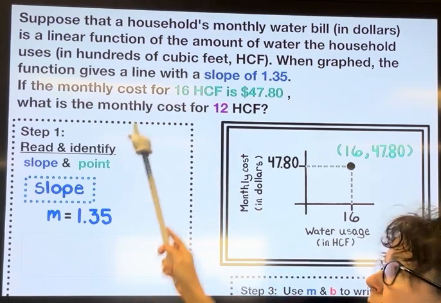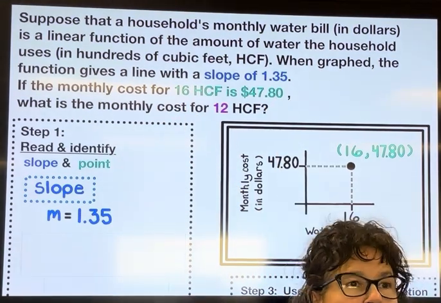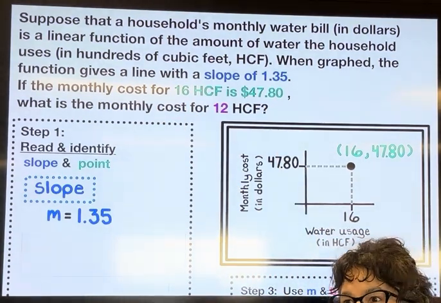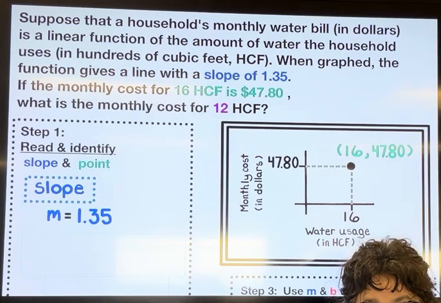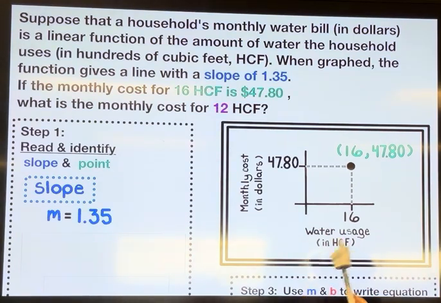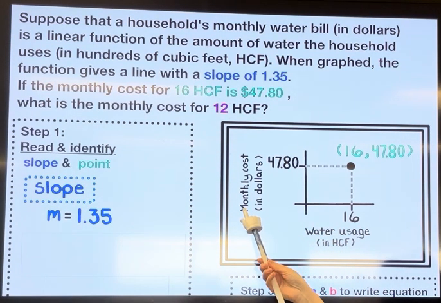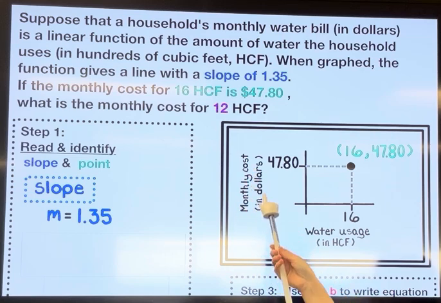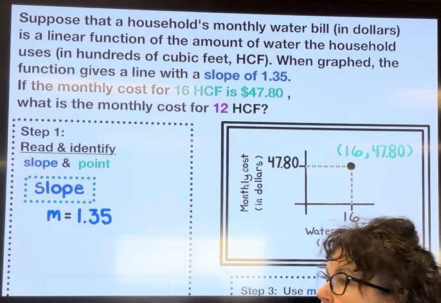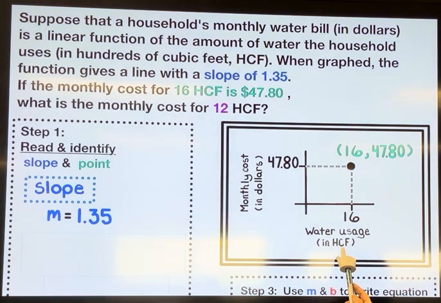But this other sentence, what that's giving us in disguise is a point. On the x-axis is water usage in HCF, and on the y-axis is monthly cost in dollars. So every single point on this line is going to be HCF, comma, dollars.